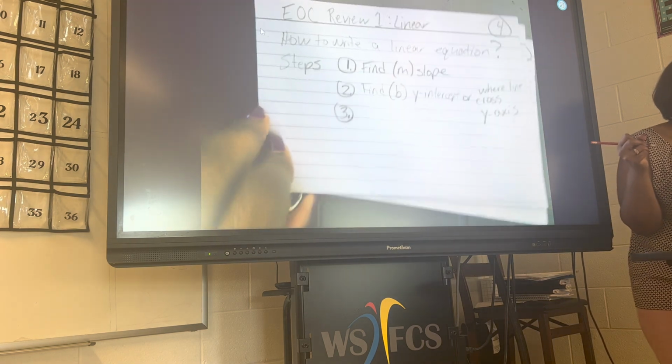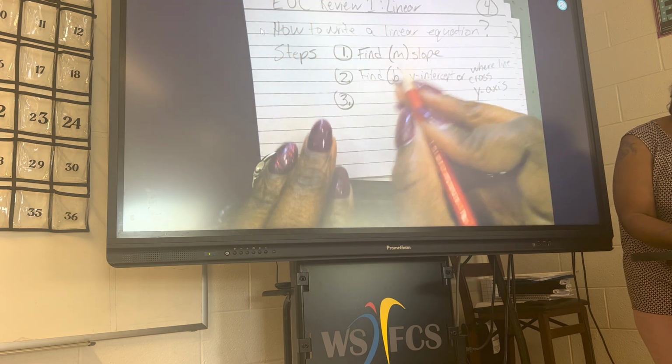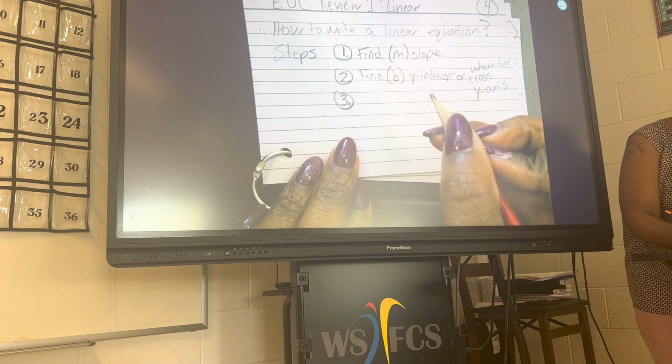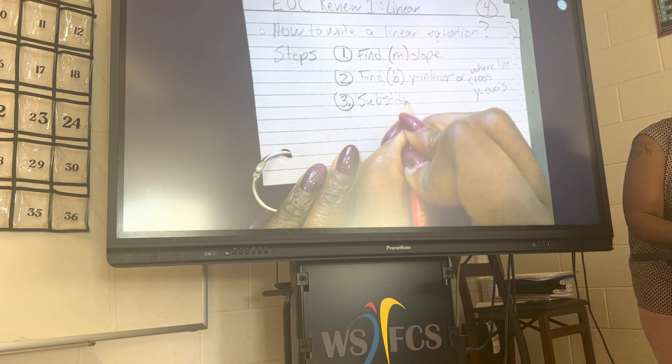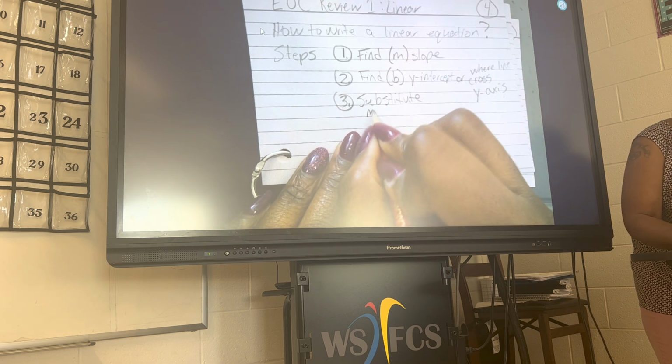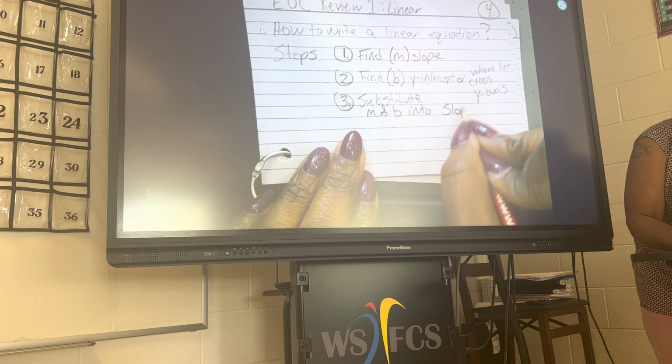Then step 3: you're going to substitute M and B into slope-intercept form.